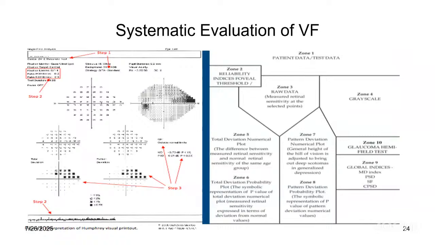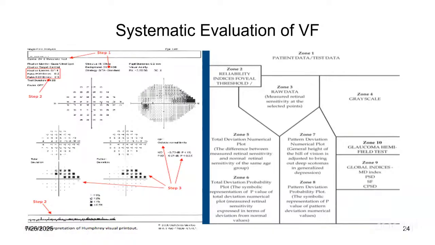So we've seen the testing patterns, the strategy we use in presenting the stimulus to the patient. And now, how do we systematically evaluate a visual field printout? The visual field printout can be separated into various zones, which can help us in interpreting the result.